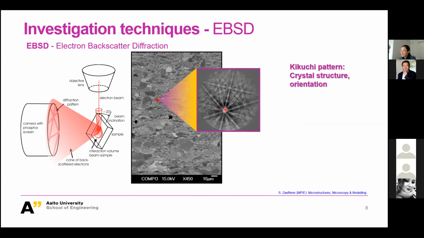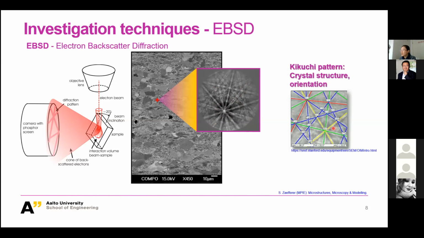Here, these diffraction lines are responsible for the crystal orientation plane. For example, it can be indexed like this. If you have this kind of Kikuchi pattern, you can compare it to your standard database. Then the detector can figure out which kind of crystal plane it is, and give you a conclusion on the crystal orientation at this point.